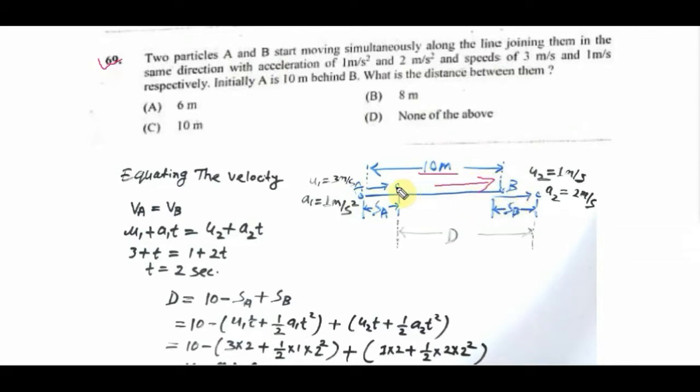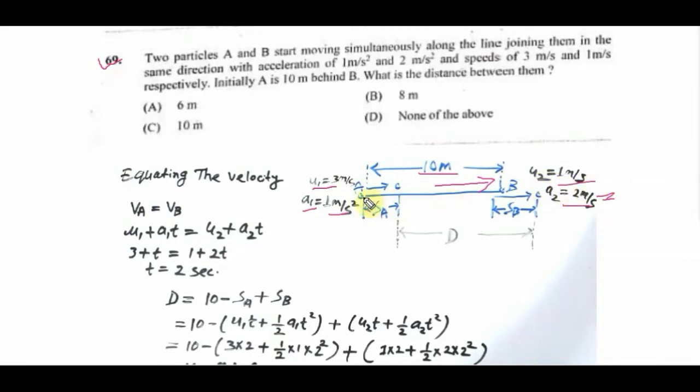Let us assume both A and B are moving along this right direction. So A is moving with the velocity 3 meter per second with acceleration 1 meter per second square, while B is moving with acceleration of 2 meter per second square and with velocity 1 meter per second.